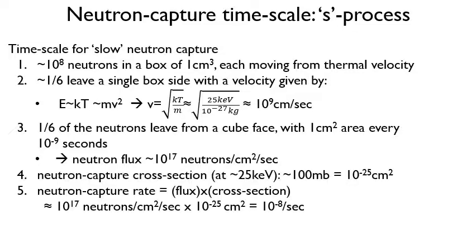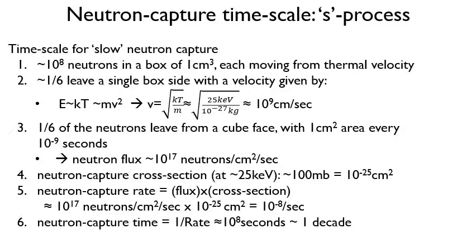You can pause the video and look at this later to see the math worked out. If you assume a given environment temperature and a given neutron density and take typical neutron capture cross-sections, you find that for a given nucleus, it'll take about a decade to capture a neutron. And so that's how slow it is.